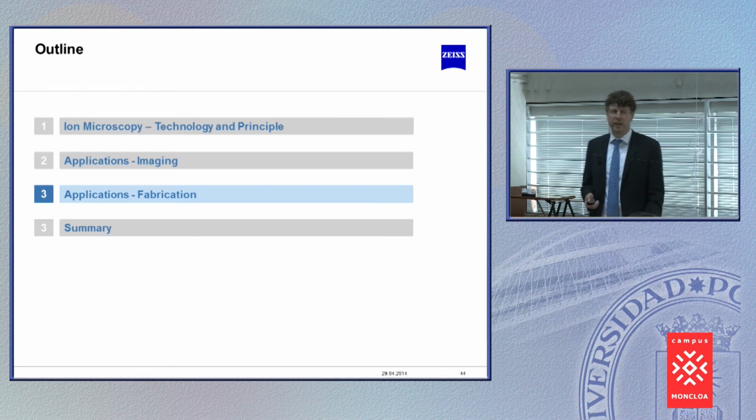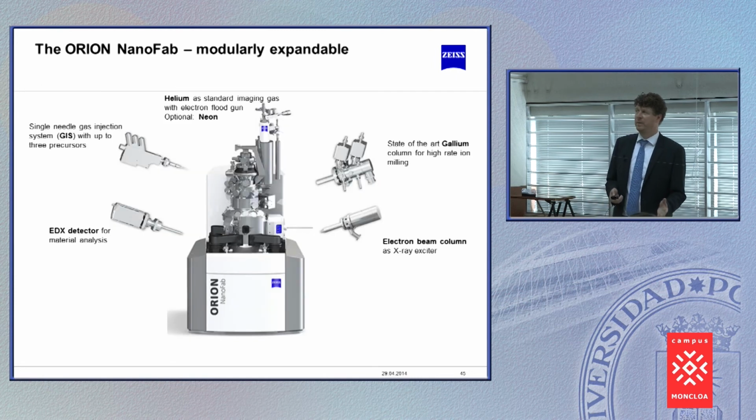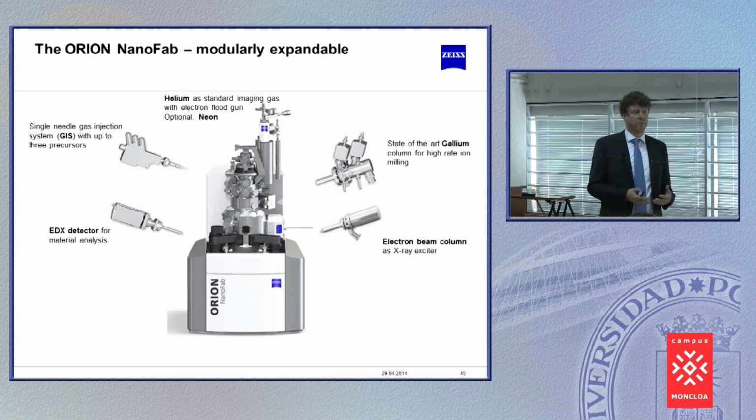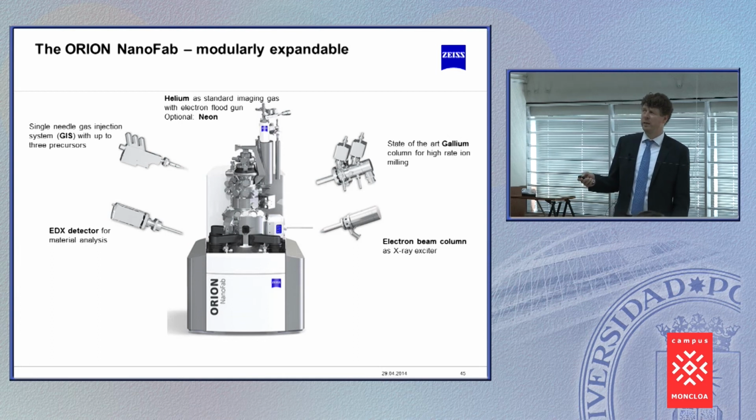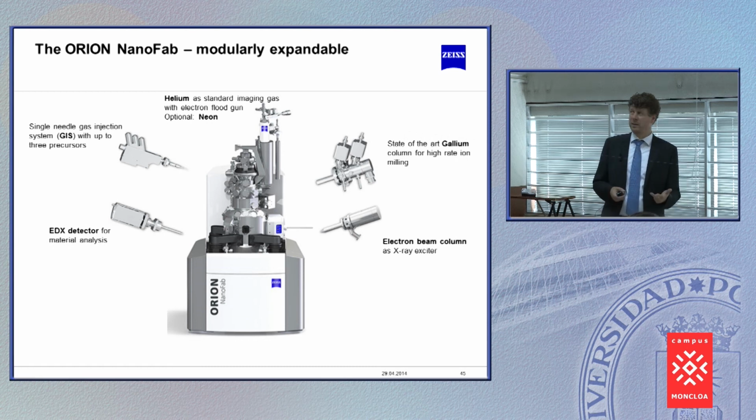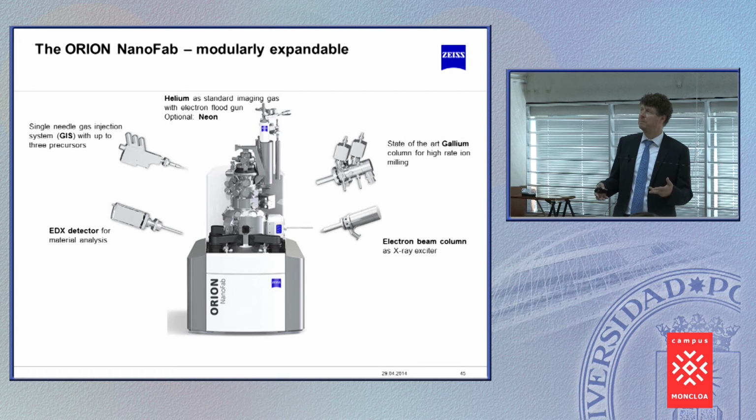Now, okay, fabrication images and examples. The ORION NanoFab is modularly expandable. As I told you, we can use helium or neon as imaging and fabrication gases. Then we can use a gallium column, for example for milling.